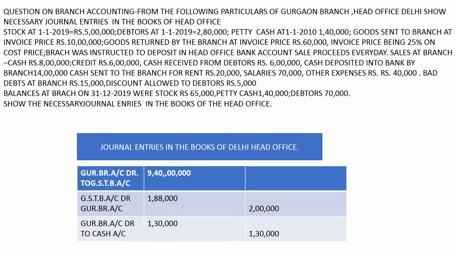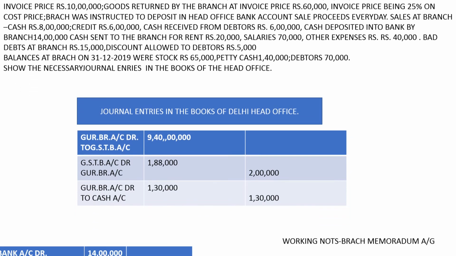Now for expenses, Gurgaon branch account debit to cash account 1,30,000. That is, the head office has incurred expenses total 1,30,000.